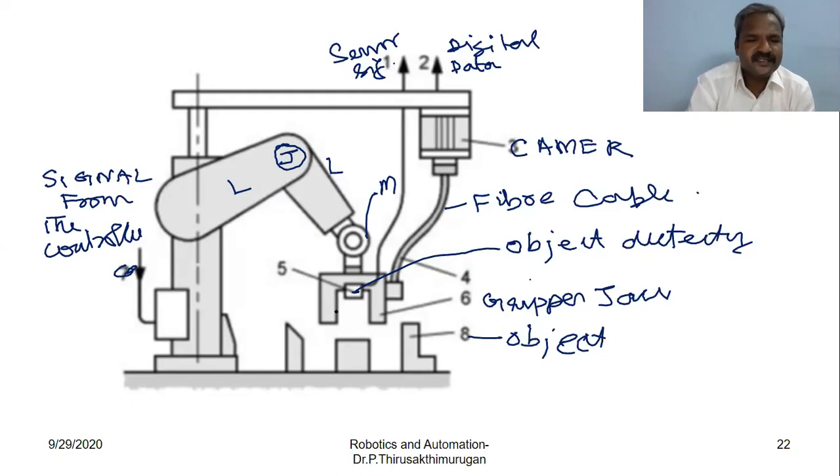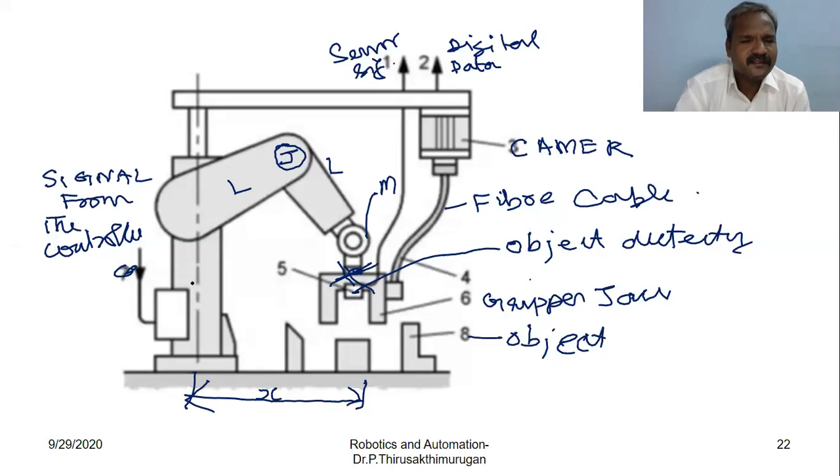That position we will discuss in the kinematics of the robo manipulator. Actually, this position is called the object position. Suppose this position is defined by x and y axis. So the distance from here to this is the x coordinate, x value, x distance. Similarly, in the vertical, this distance from the base is y.